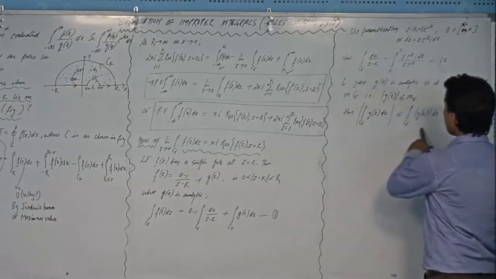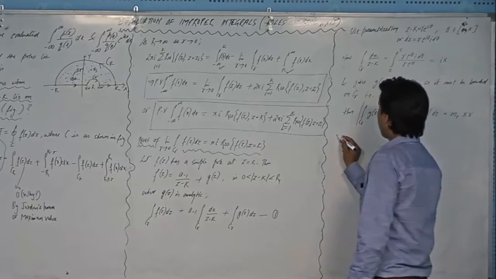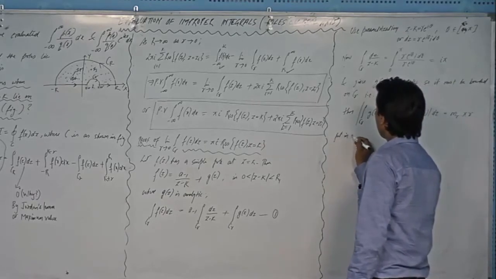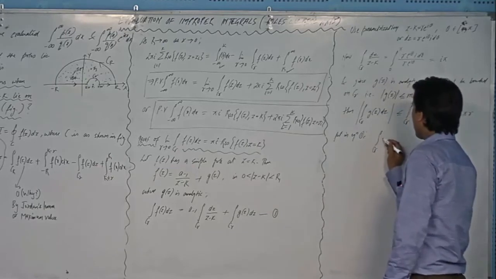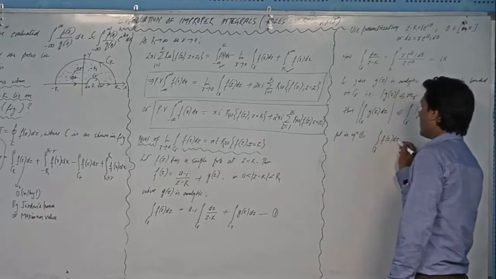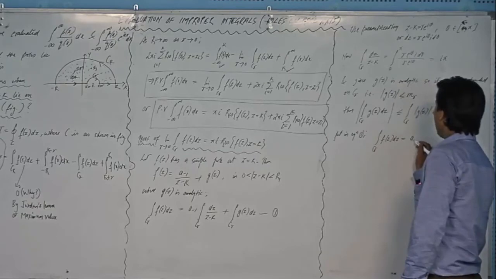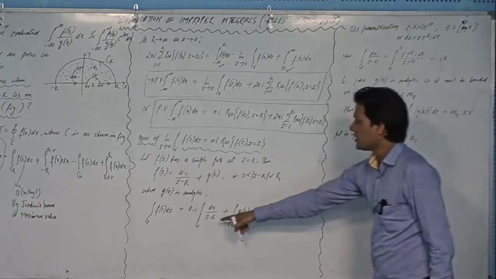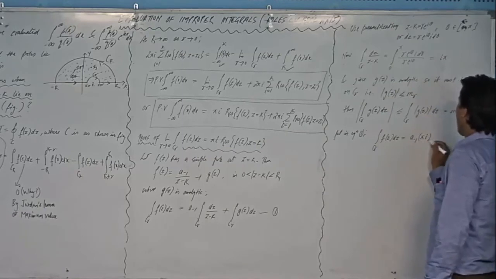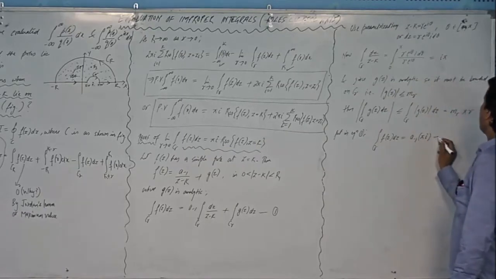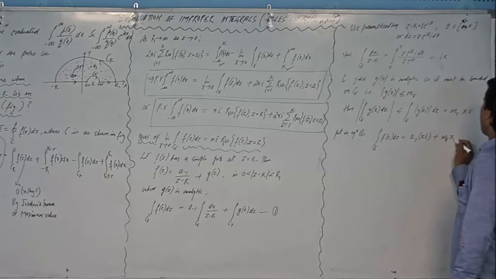Then plugging these values into equation number 1, I get the integral over CR of f(z) dz equal to a minus 1 multiplied by pi iota, plus m r pi r.